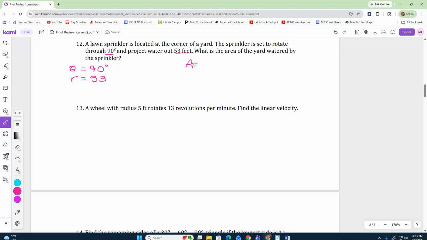So yesterday I put all those formulas up on the board, which will be given to you on the test. Area of a sector or portion of a circle is 1/2 r squared theta. But if you're going to use this, what does theta have to be measured in? Radians. 90 degrees is what in radians?